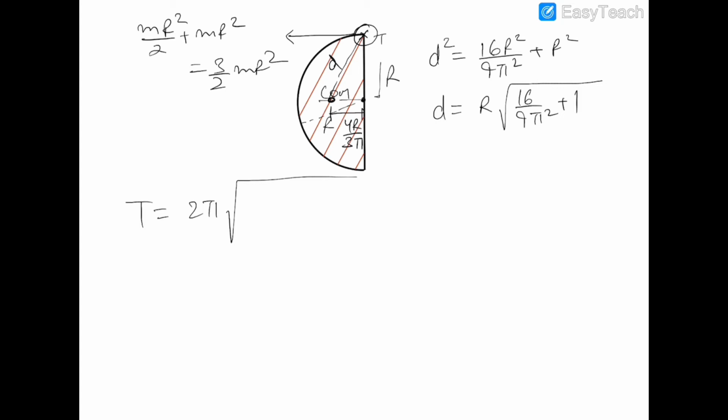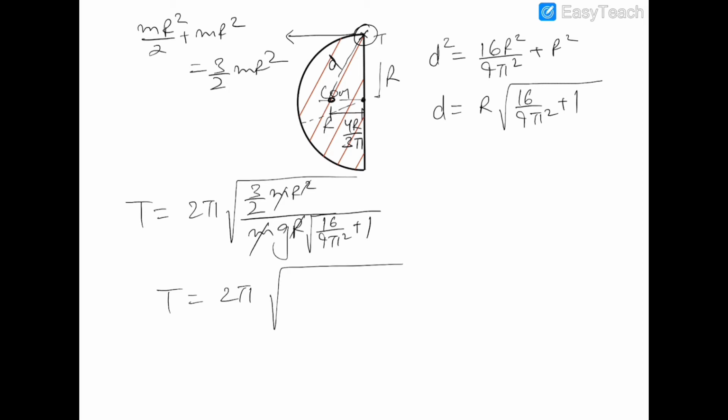So for this semicircular disc, the moment of inertia would be 3 by 2 mr square divided by mg, where d is r under root of 16 by 9 pi square plus 1. Cancelling m with m and r with r, this would be equal to 2 pi under root of 3r by 2g under root of 16 by 9 pi square plus 1. So this is the time period of small oscillation of this semicircular disc about this axis.